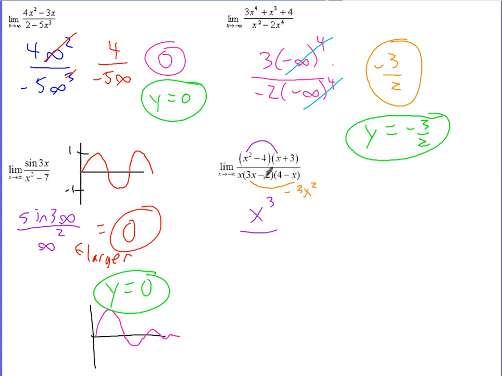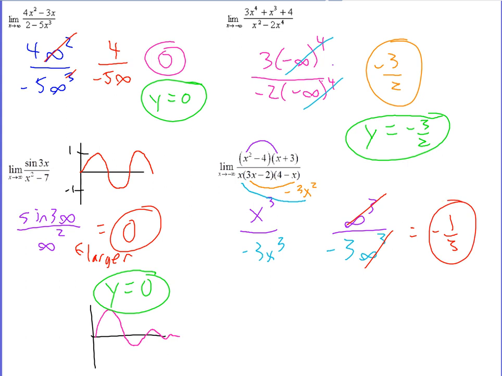And then multiplying that by 1 more x would give you negative 3x cubed. And then when you substitute infinity, those are the only terms that are going to matter, the terms with the highest exponent. You can see the infinity is completely reduced out again. And we're just left with this 1/3 as our limit. And that means we have a horizontal asymptote of y equals 1/3.